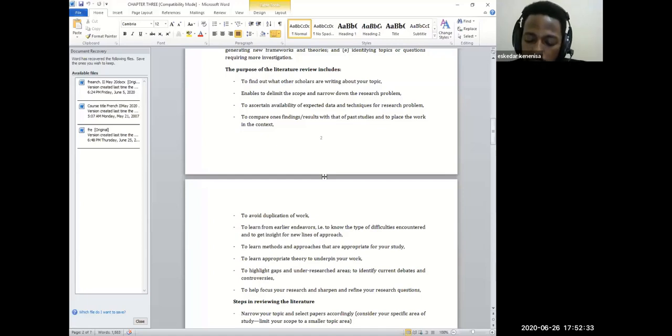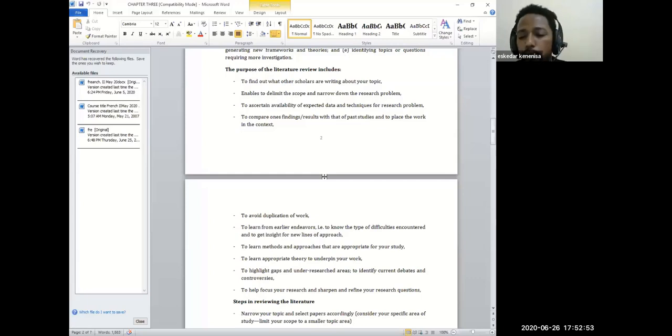The third purpose is to ascertain the availability of expected data. When we choose a topic or a title, we expect that there are available sources, both primary and secondary data.